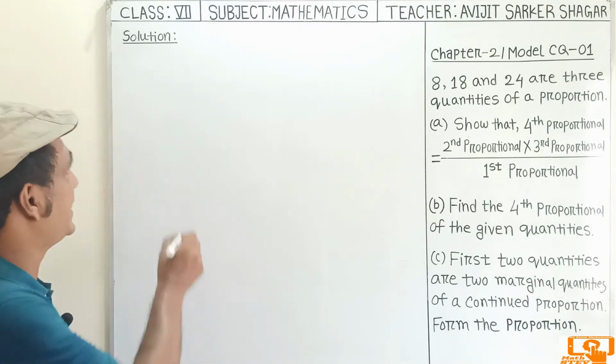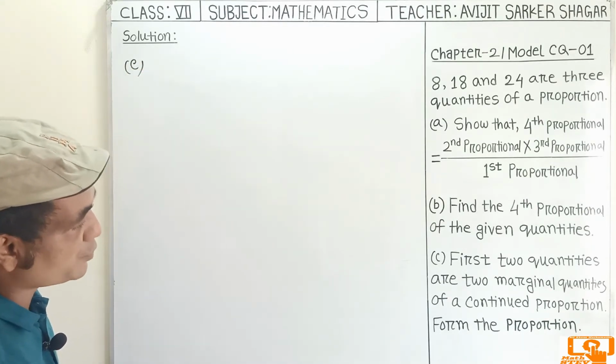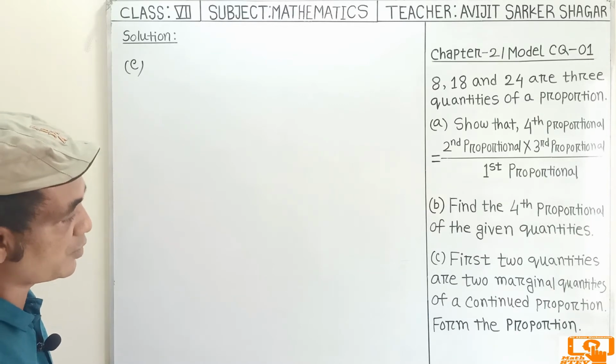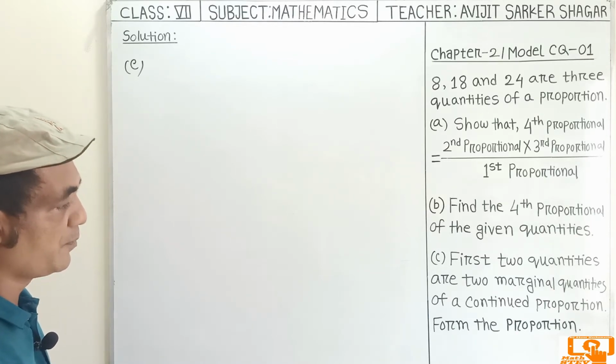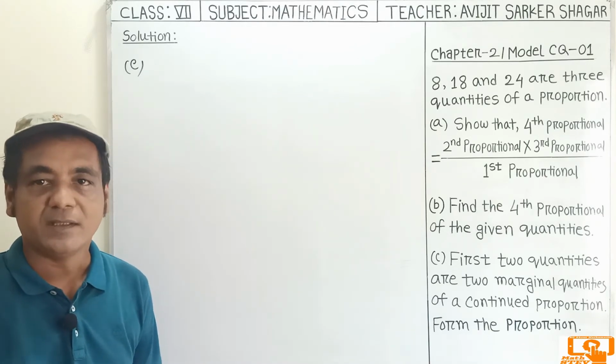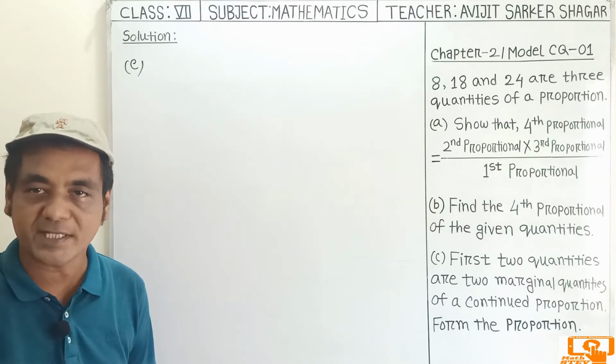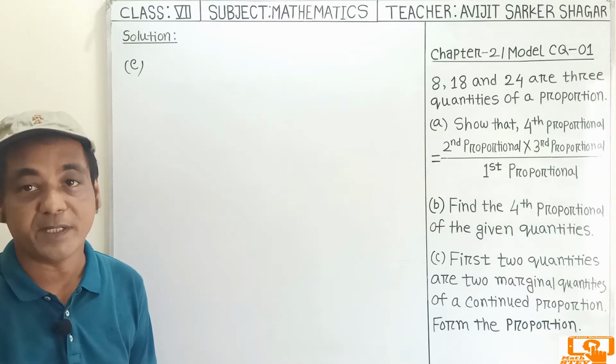Now the solution of C. The problem: the first two quantities are the two marginal quantities of a continued proportion. We know in a continued proportion three quantities are there. First and third quantities are called marginal quantities and the second quantity is called the mid quantity.